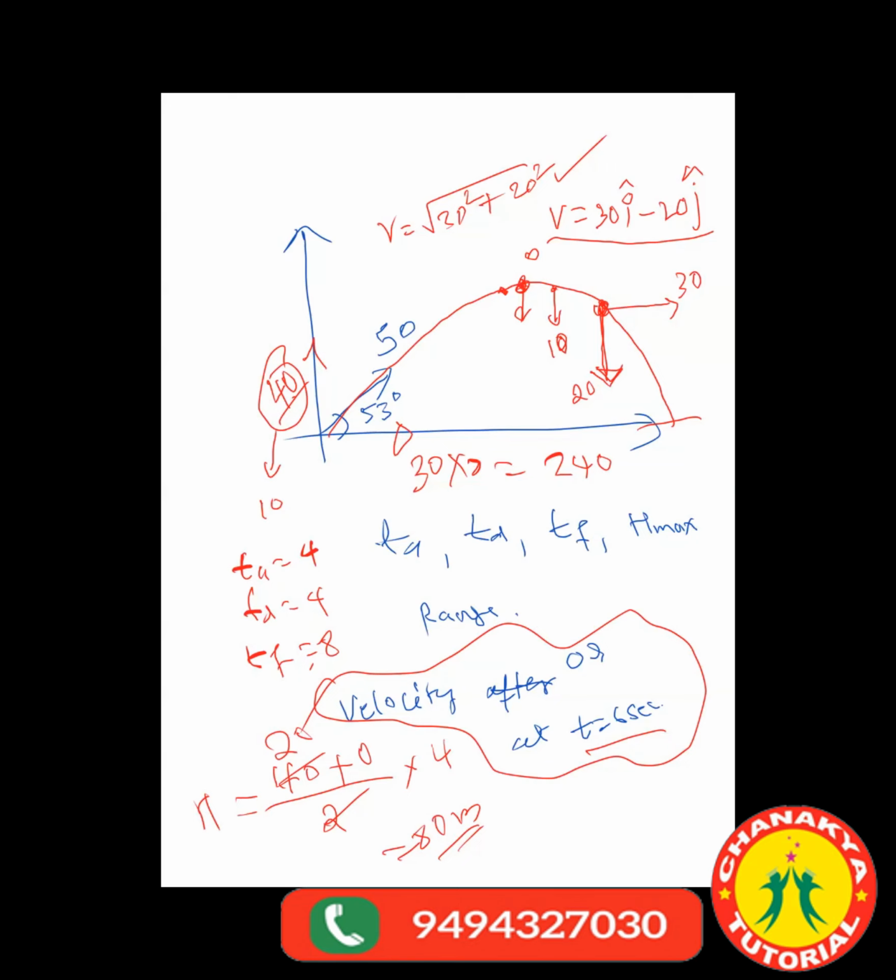Now, a little bit we'll change the problems. Let me delete this. Now, let us say there is a building, and I am throwing a ball horizontally with, let's say, 20 meter per second.